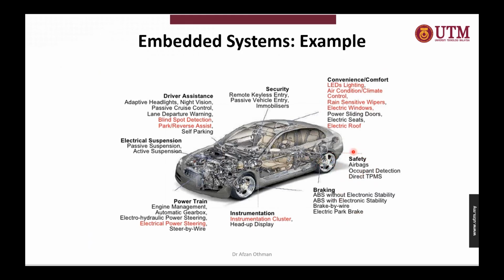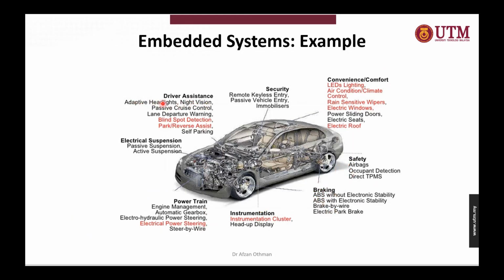For the safety system, we have a few embedded systems here. For braking, we have ABS, the anti-lock braking system, which helps us do the braking while the car is driving. And for driver assistance, we have the adaptive headlight.